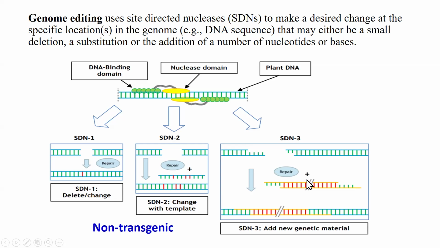But in SDN3, you can put a new gene which you want to insert, like a Bt gene, or like the Cry1Ac gene for making the Bt brinjal. So SDN1 and SDN2 are considered non-transgenic, and they are heritable.